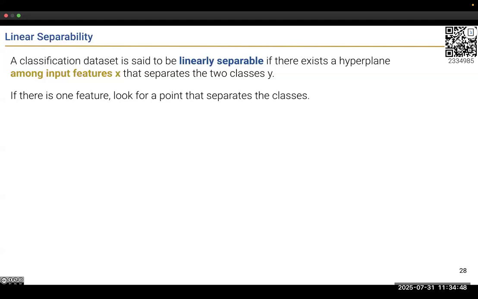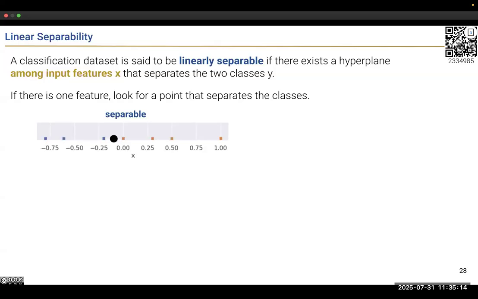So for example, if we have one feature that looks like this, we can separate the two classes for this one feature by finding a point that breaks this data set into parts, into the class 0 part and the class 1 part. So this data set is separable.